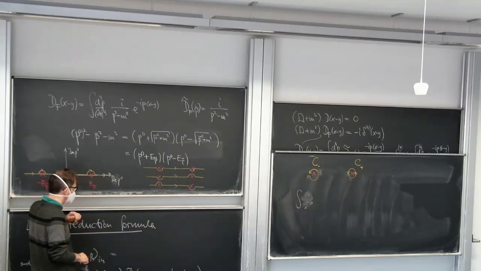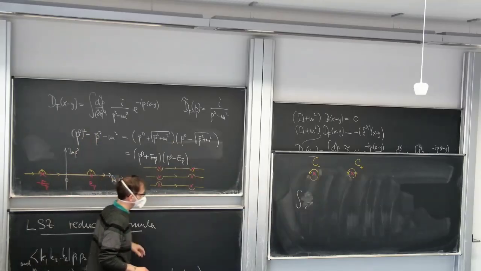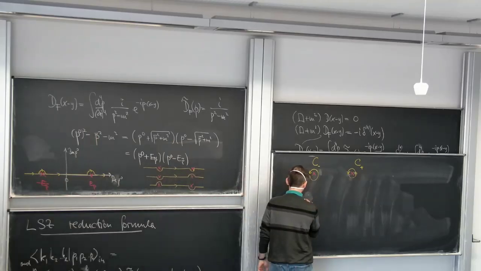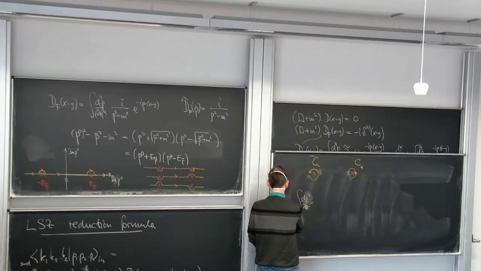Let's not do the four-dimensional first. Let's look at the dp0 integral, from 0 to pi, t plus or minus. We'll call this I plus or minus.